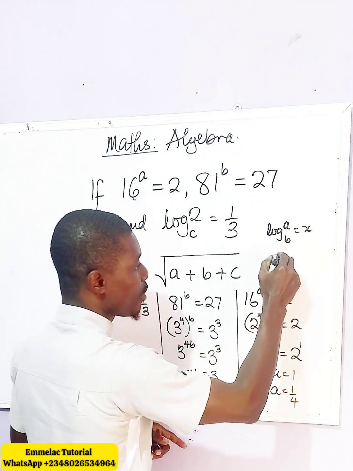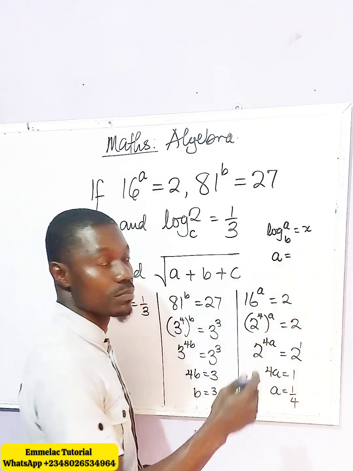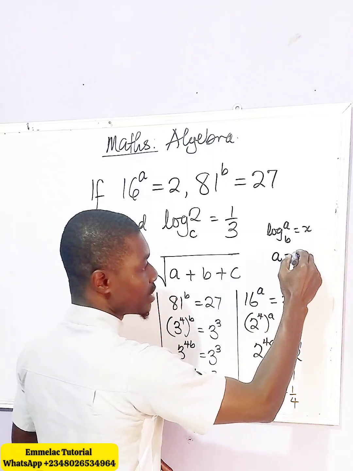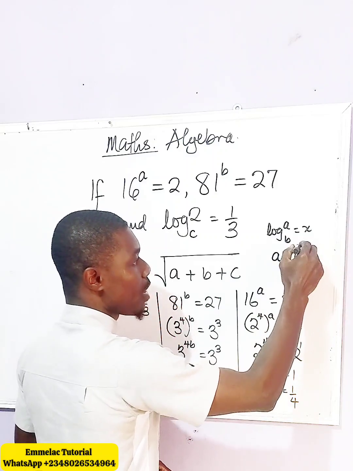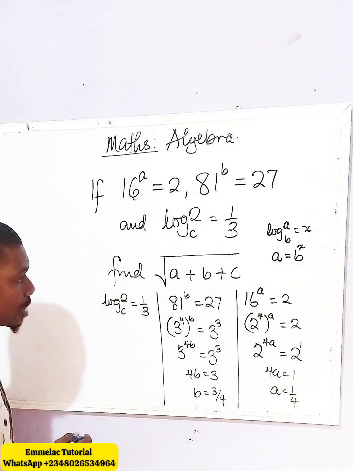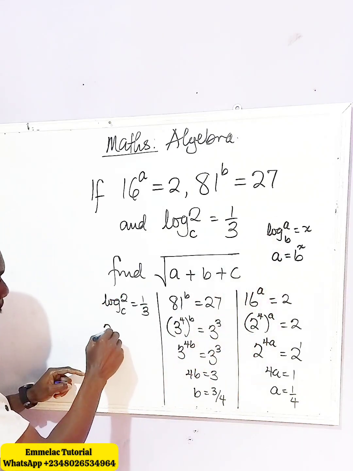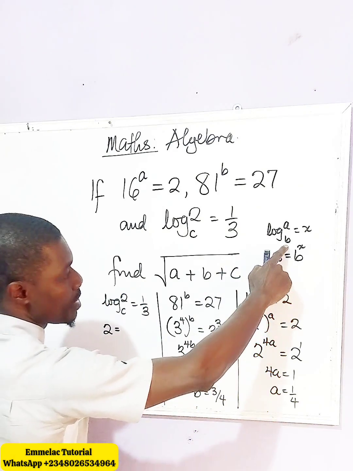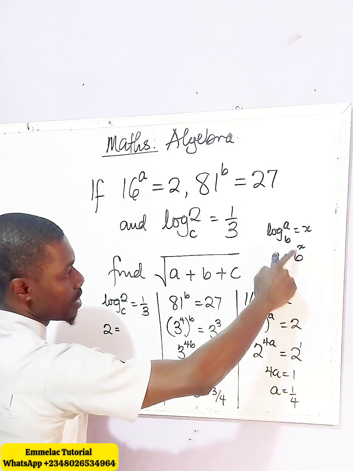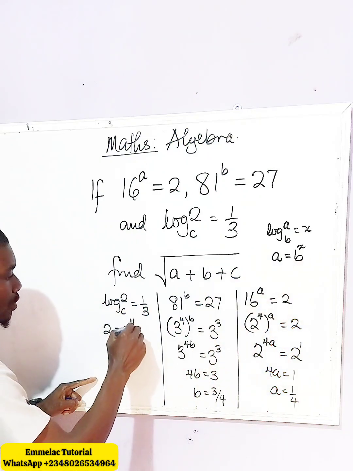Our argument becomes the base, then equals our base here also becomes the base on the right hand side, then raised to the power of x. Okay, so at this point here, we can now do that. Our argument, which is a, becomes 2 here, then equals our base, which is b, which is here, we have c raised to the power of 1 over 3.